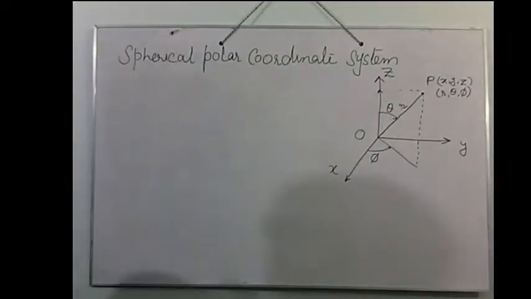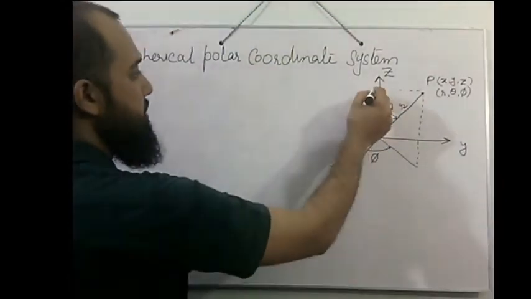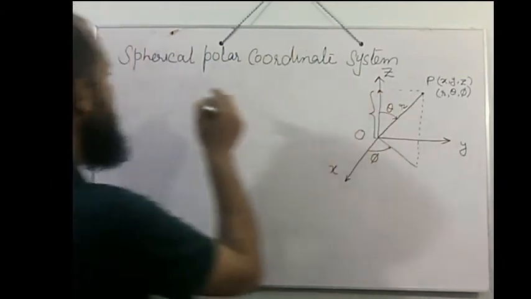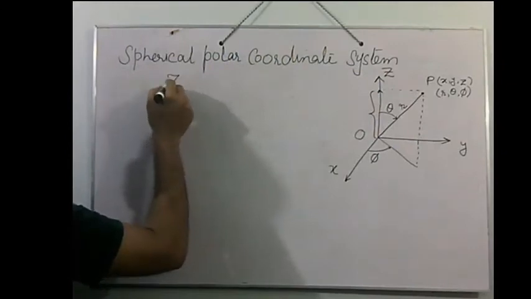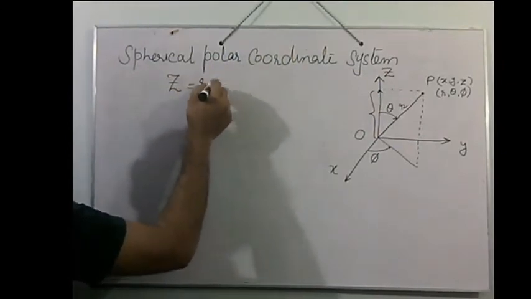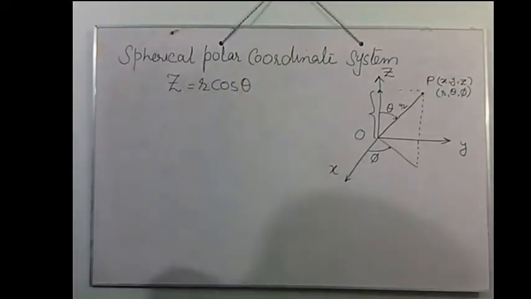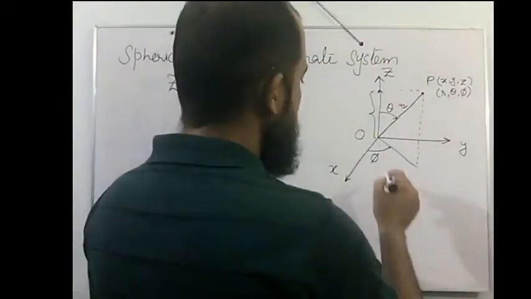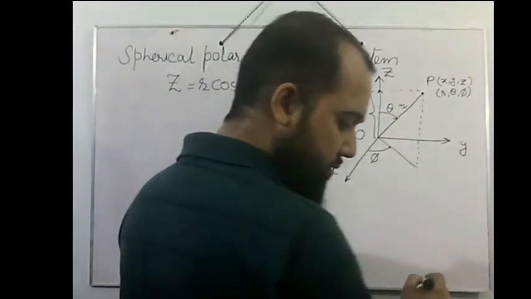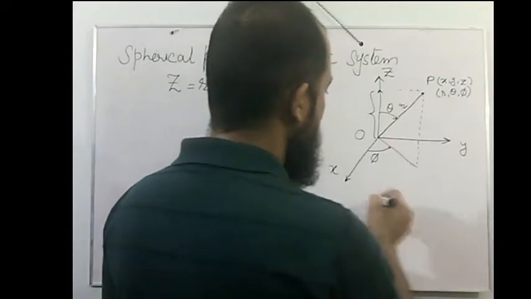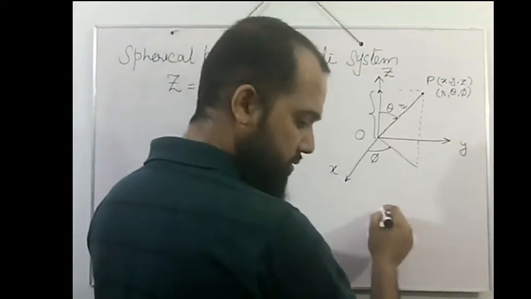So we see that z is equal to r cos theta, the z coordinate. So we have here z is equal to r cos theta. Now if we see the situation on the xy plane, it is like this.